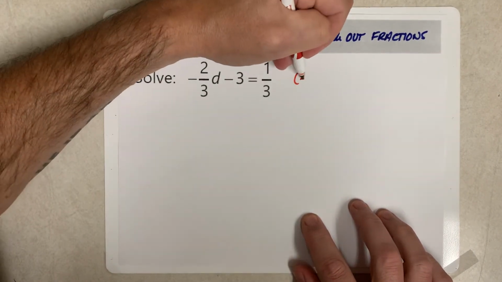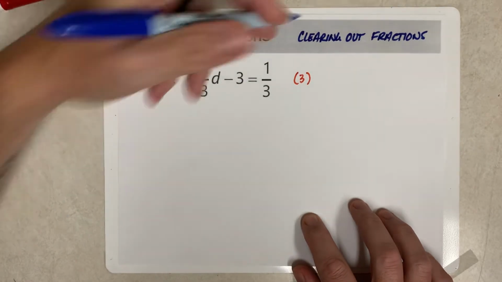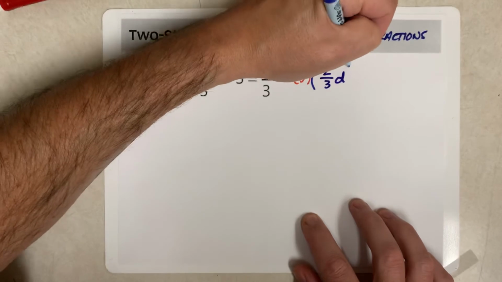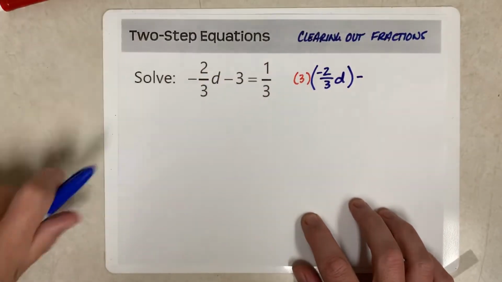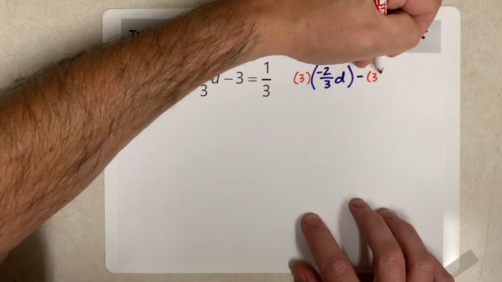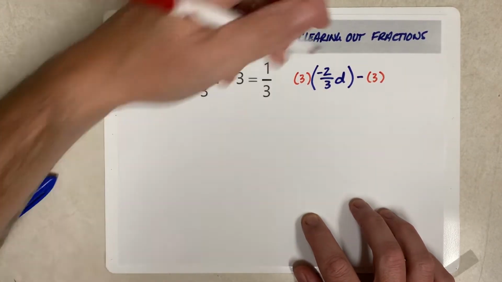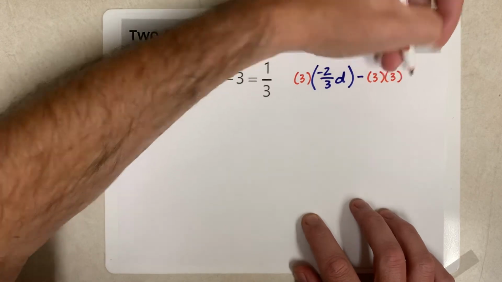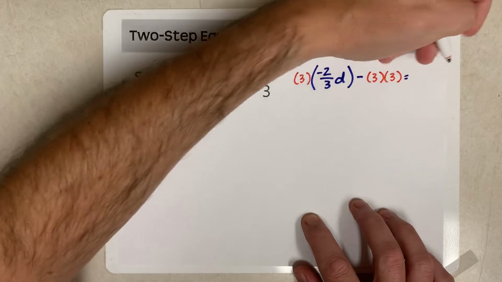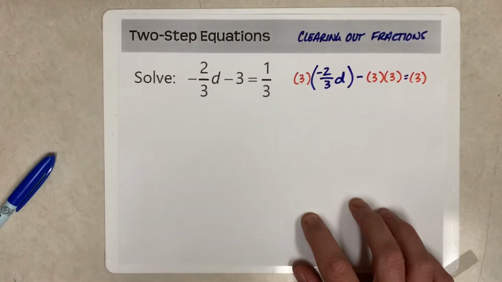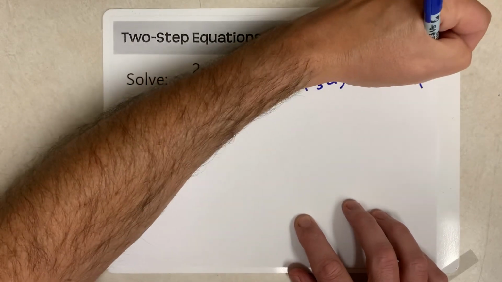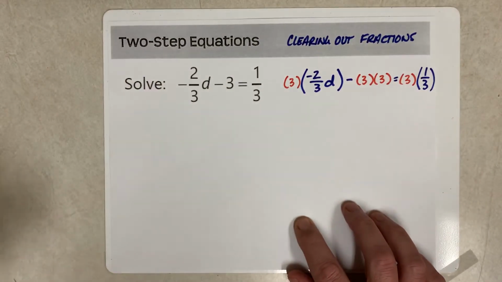All right, so we got 3 times negative 2/3 d minus, okay, we even have to multiply by that, 3 times that 3 right here, equals 3 times 1/3. And I like to use parentheses so I don't mess up.